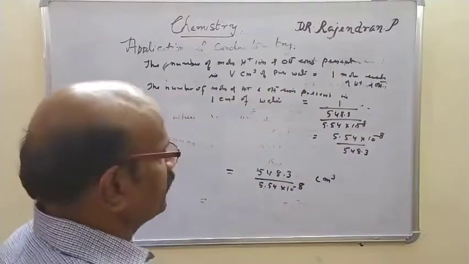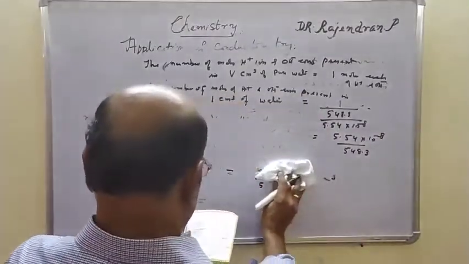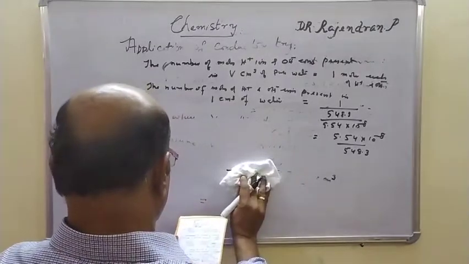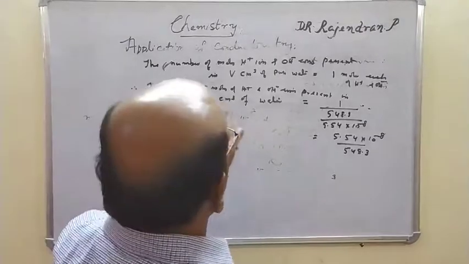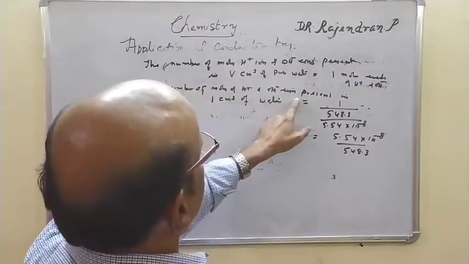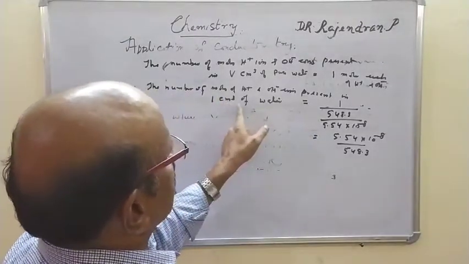548.3, that is our value. This is the number of moles of H plus ion and OH minus ion present in 1 centimeter cube of water.